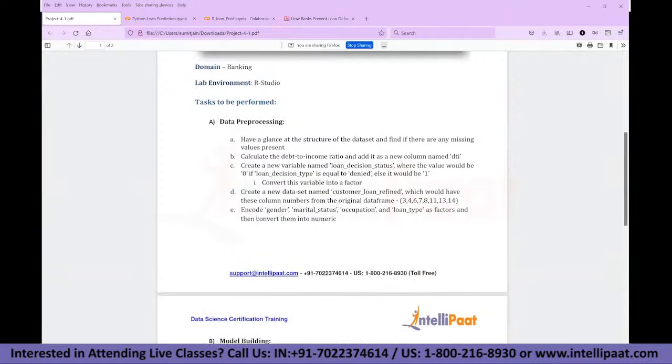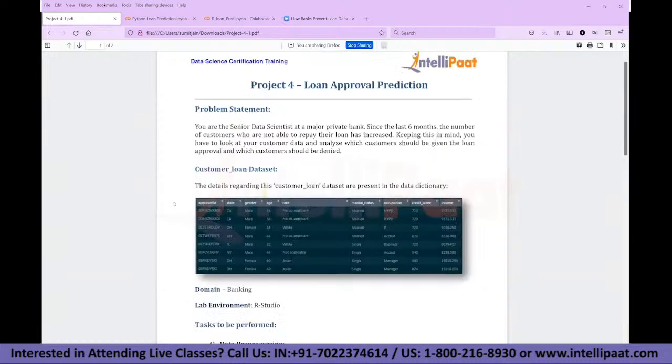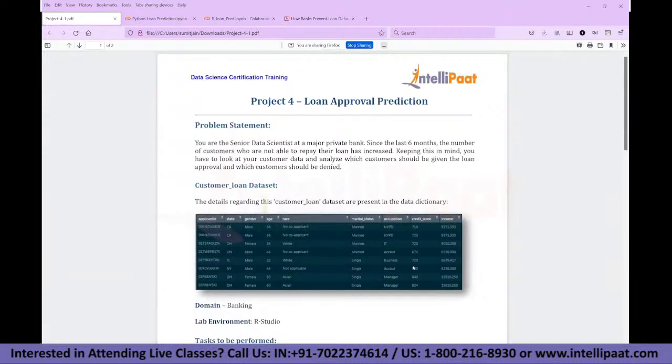Then moving ahead, we have creating a new data set named customer loan define, which would have these column numbers from the other data. What we essentially need to do is understand which of the fields we should pick up and assign to a new data frame. We don't necessarily have to take every field to make use of it in our data set.